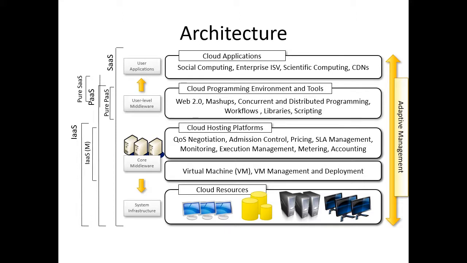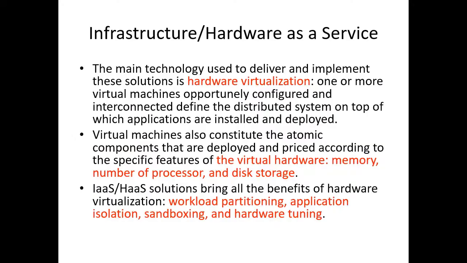So in the previous architecture, we had seen three categories of cloud services, that is infrastructure as a service, platform as a service, and software as a service. Now we will start with infrastructure as a service, also known as hardware as a service. It is one of the layers of the cloud computing platform.